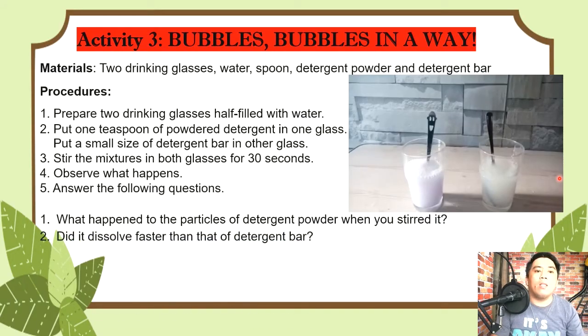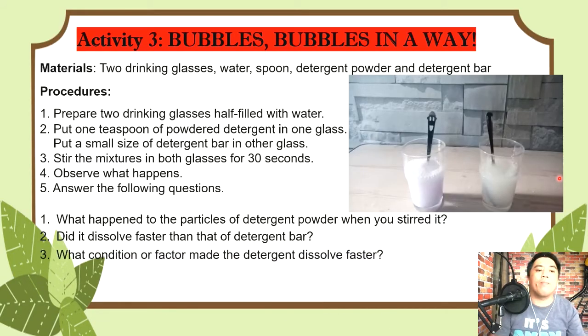Next, did it dissolve faster than that of the detergent bar? So mas na-dissolve siya ng mas mabilis kaysa doon sa detergent bar? What do you think is the condition or factor made the detergent dissolve faster? So bakit kaya mas mabilis na natunaw yung detergent powder kaysa sa detergent bar?